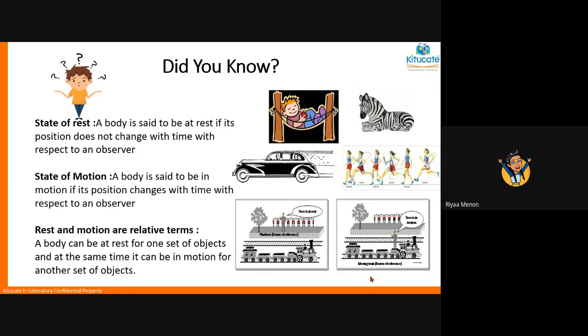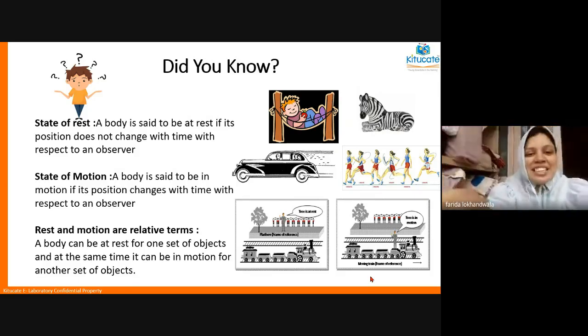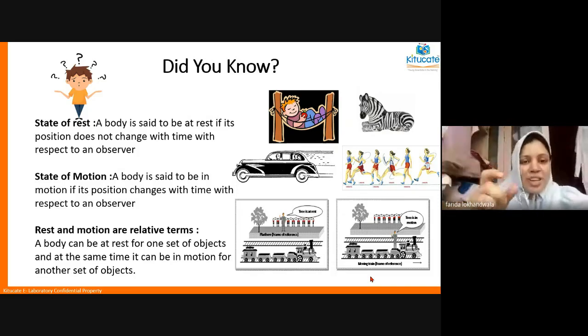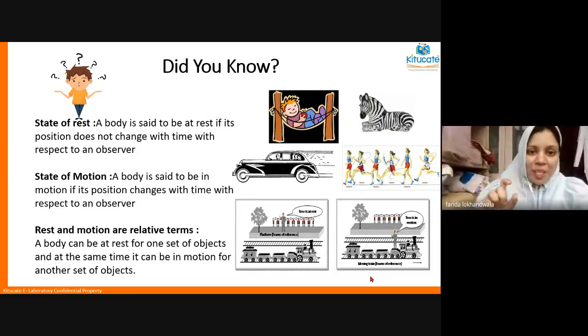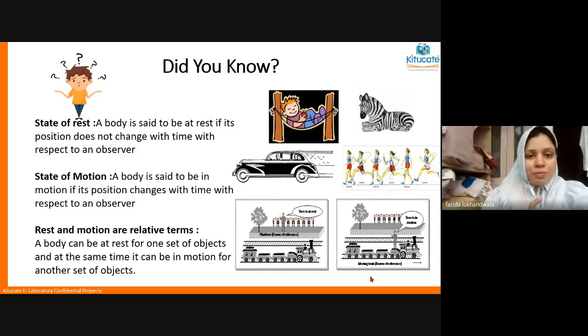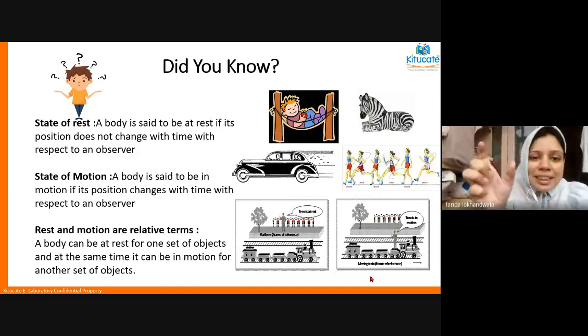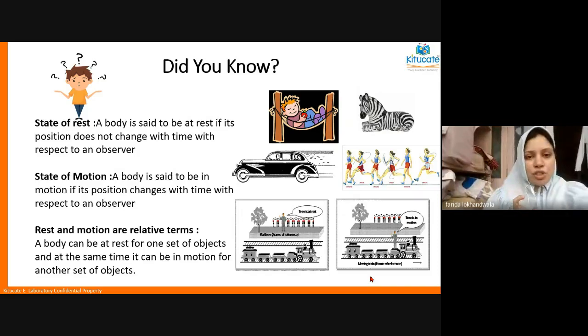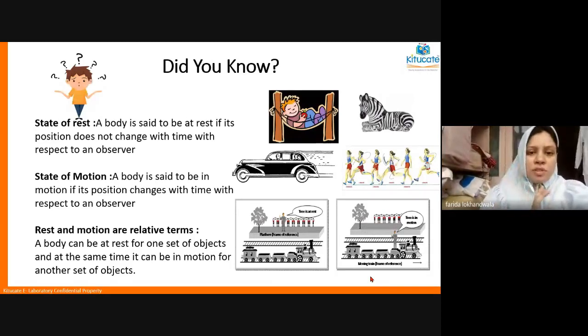Okay. See, whenever I'm talking about rest and motion, you always take it with respect to the person who is observing you and giving the statement that the thing is in rest or in motion. So you are the object, and there are two observers.